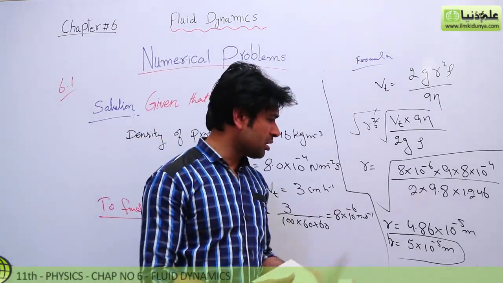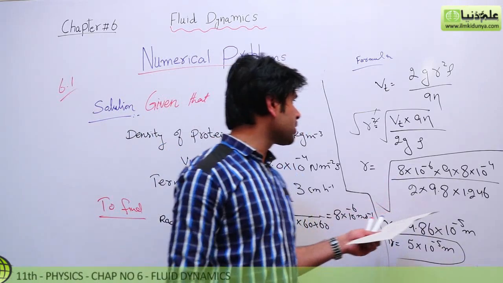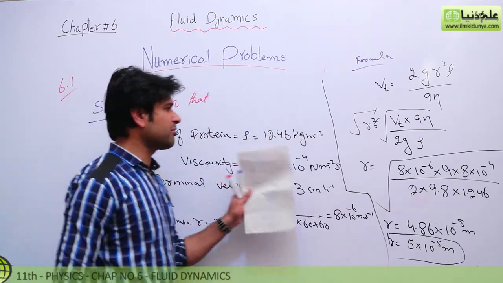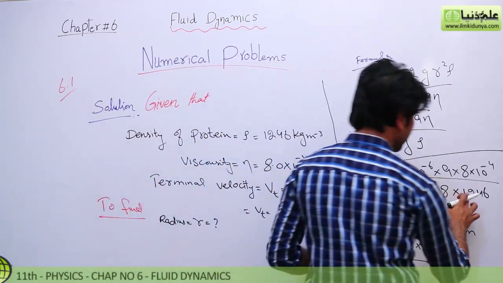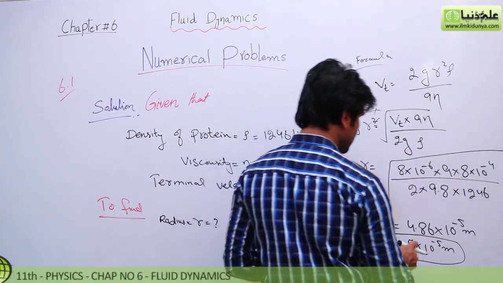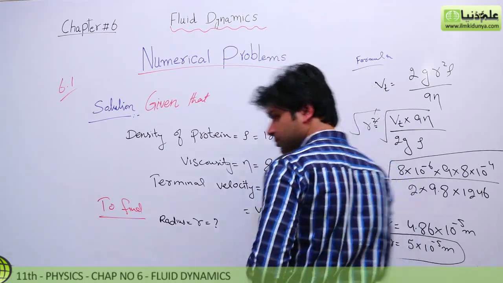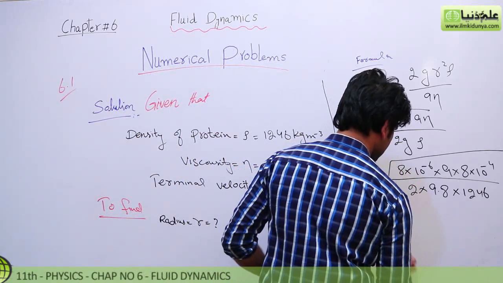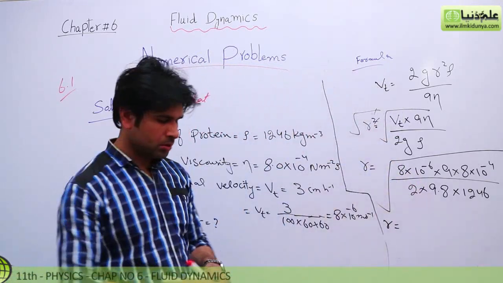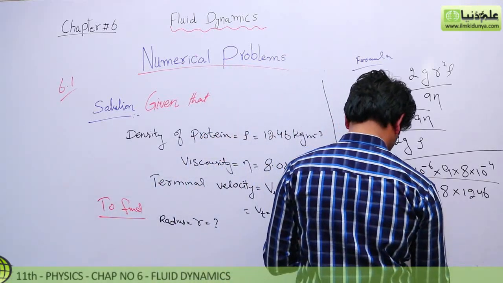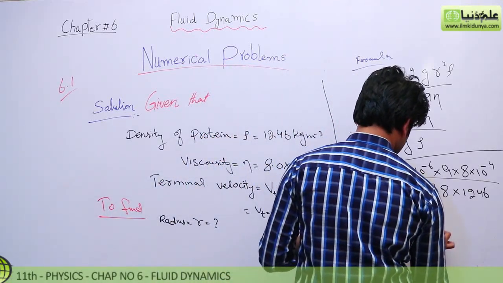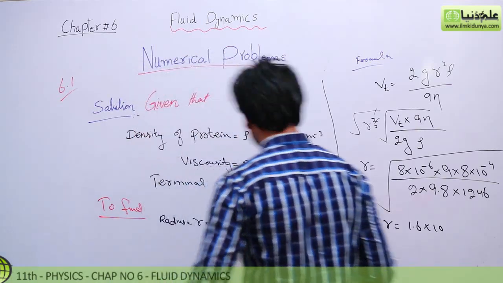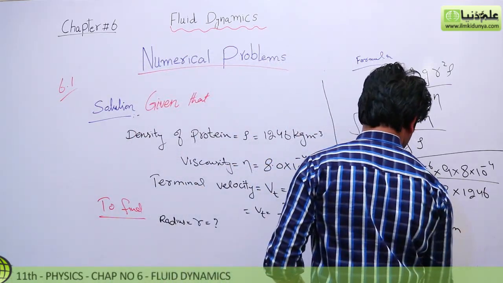If you want to write 1246 instead of 1.246, then we will have the answer 1.6 into 10 raised to the power minus 6 meter, which is mentioned in your book.